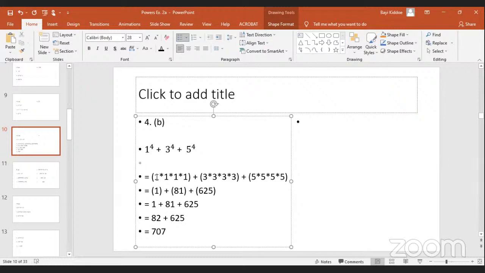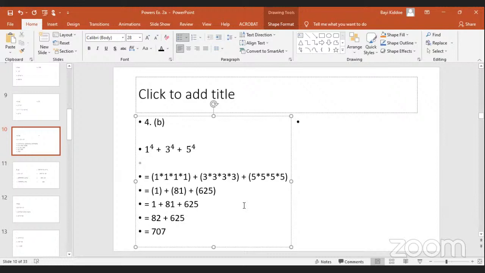So 1 to the 4 is 1 times 1 times 1 times 1, plus 3 to the 4, which is 3 times 3 times 3 times 3, plus 5 to the 4, which is 5 times 5 times 5 times 5.